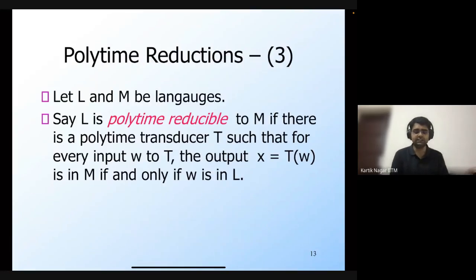And obviously, this polytime reduction has the property of the original reduction.